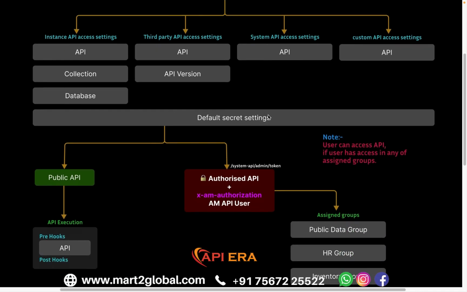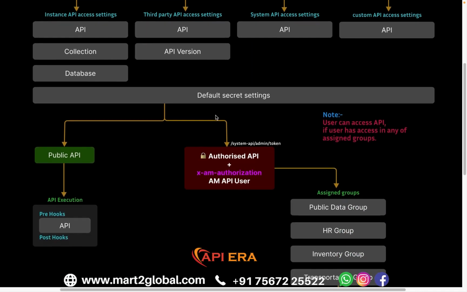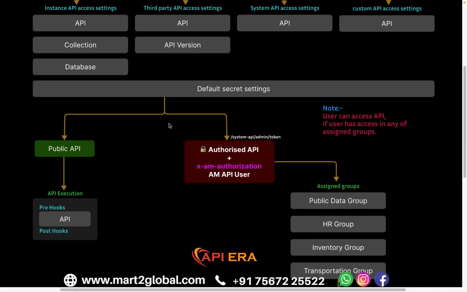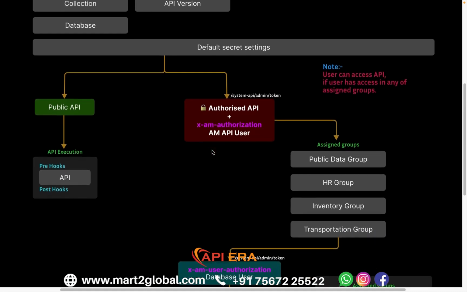Now once settings are received, based on those settings, we can decide whether this API is a public API or an authorized API. If it is a public API, then it will simply execute with pre-hooks, the API, and after that post hooks, and it will return a response to the user. In case of an authorized API, the XAM authorization header is required.